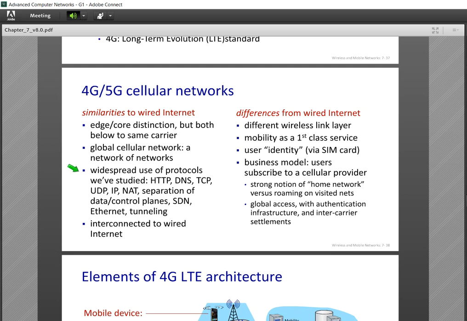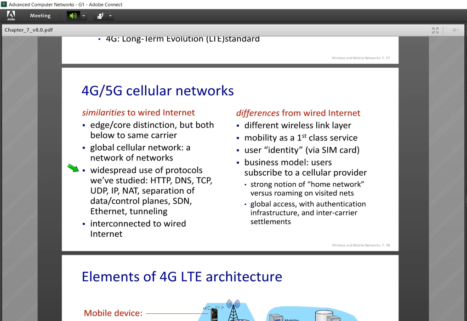And in 4G and 5G technology, the scientists use several IP protocols in the back end of those cellular networks. They are using IP technology: IP, HTTPS, DNS, TCP, UDP, NAT, and several other protocols, Ethernet, tunneling, SDN.